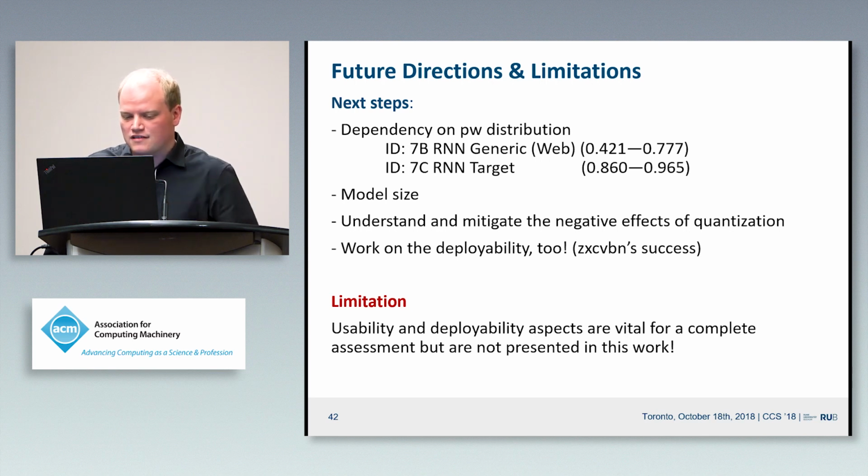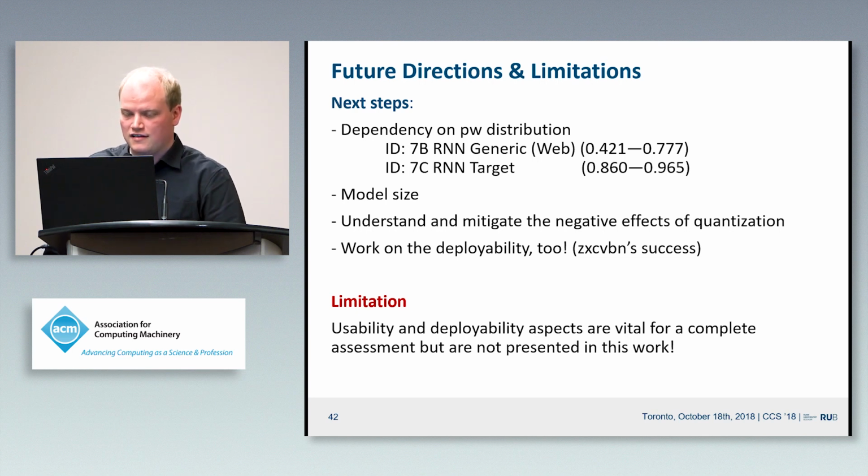The generic version is trained on some password distribution that we can't influence. That is the pre-trained default version. And then there's the target one, which is trained on the specific distribution. That means if we tested RockYou passwords, we trained on RockYou passwords before. And you can see that the correlation is higher in this case, and we should work on building meters that perform overall well.